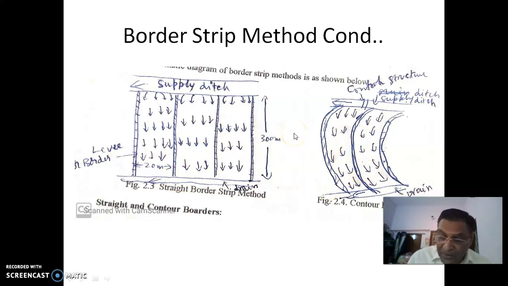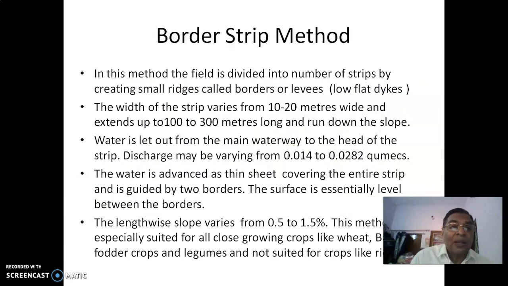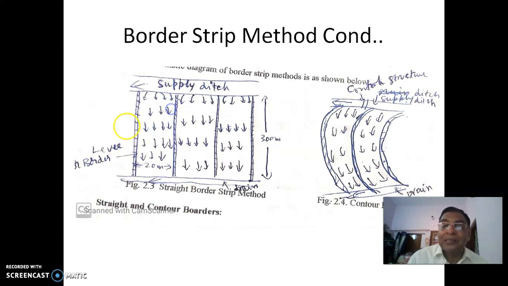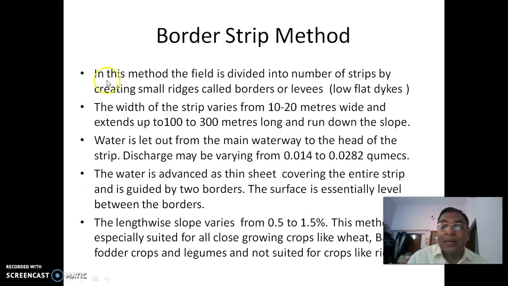Water is let out from the main waterway to the head of the strip. That's what we have seen. Discharge may vary, but because it's a field channel, there are low discharges. Of course, the discharge depends upon the kind of soil, and then width, length, and all.